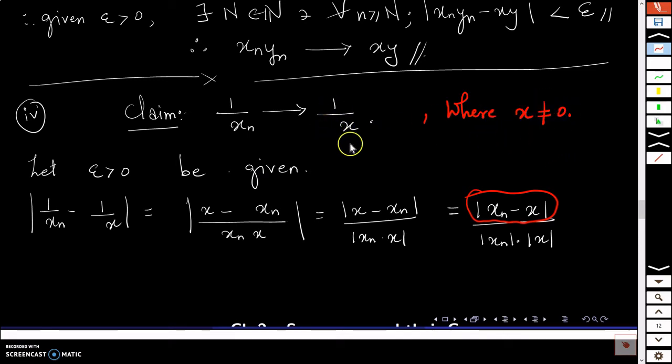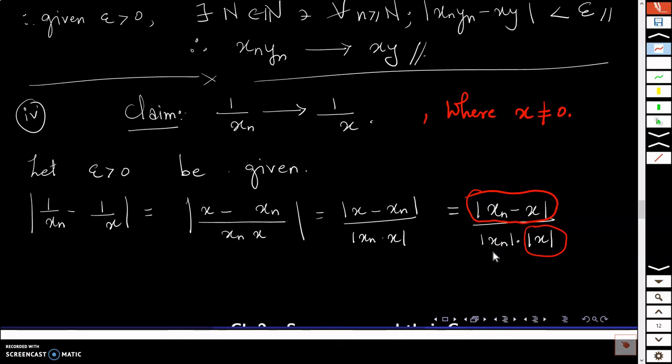Then only I can talk about 1 by x. Then only it will make sense. So mod x is some real number which is non-zero, so that won't worry me. So I don't have to worry about these two terms. I will get some estimates for it. The only thing is mod of xn, okay, 1 by mod of xn, in fact.